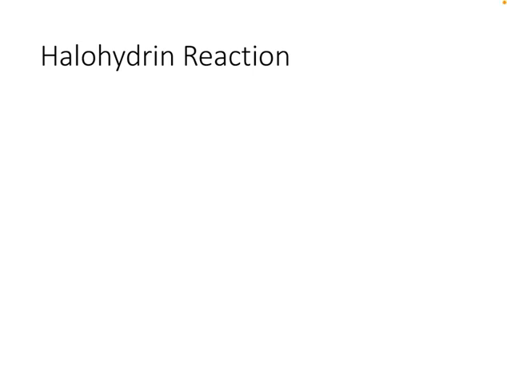Hi everyone! In this video we are going to go over the Halohydrin reaction as well as the dihydroxylation reaction. So let's start with Halohydrin reactions. In this reaction we start with an alkene, of course, because all of these reactions start with an alkene.